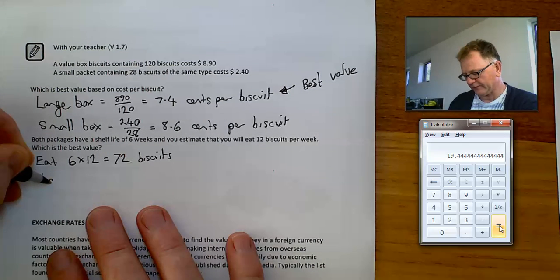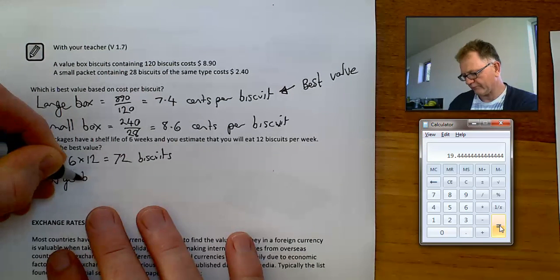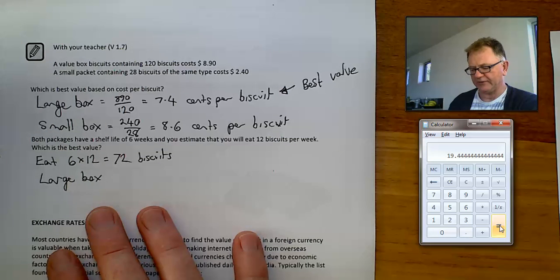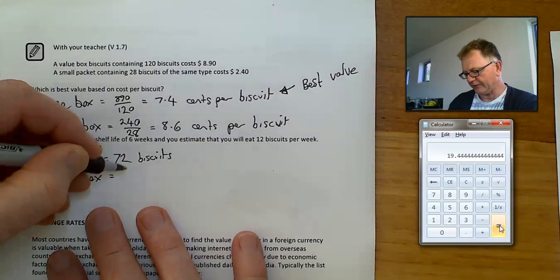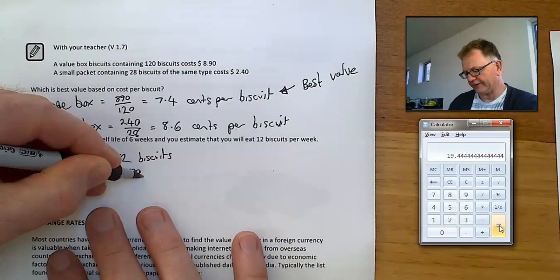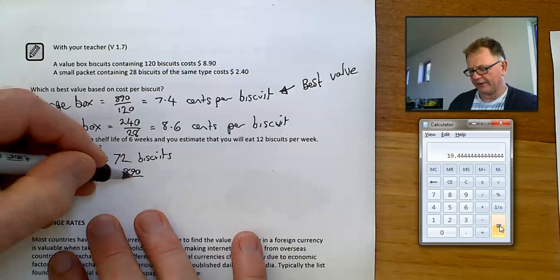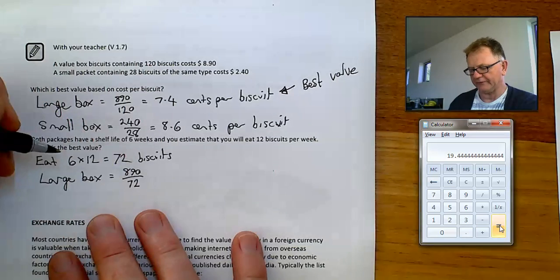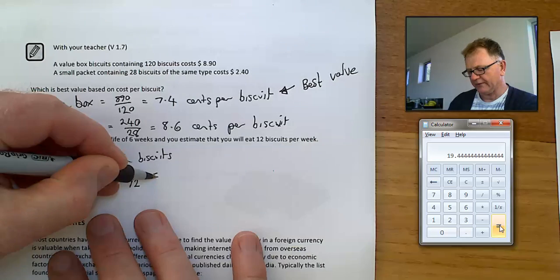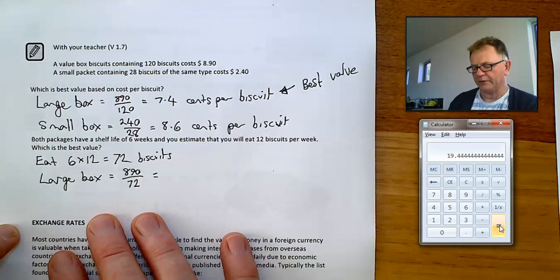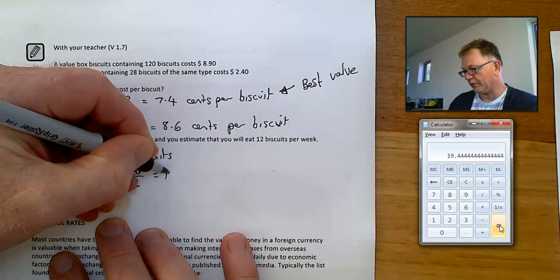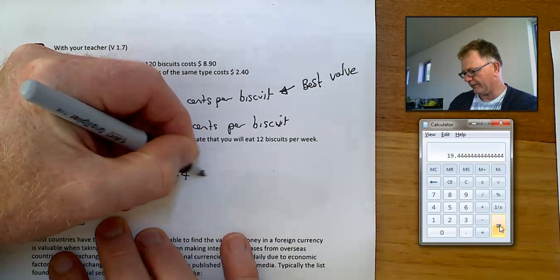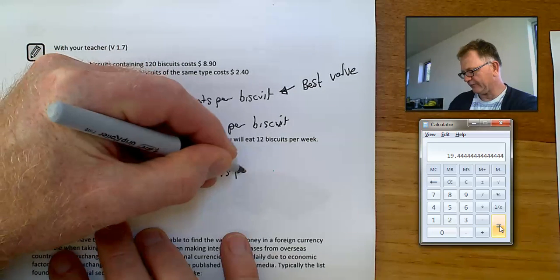So for the large box, the cost in cents per biscuit is still going to cost us 890 cents, but the number of biscuits that we're going to eat is actually going to be 72 rather than 120. So 890 divided by 72, you can check me on this, works out to be 12.4 cents per biscuit.